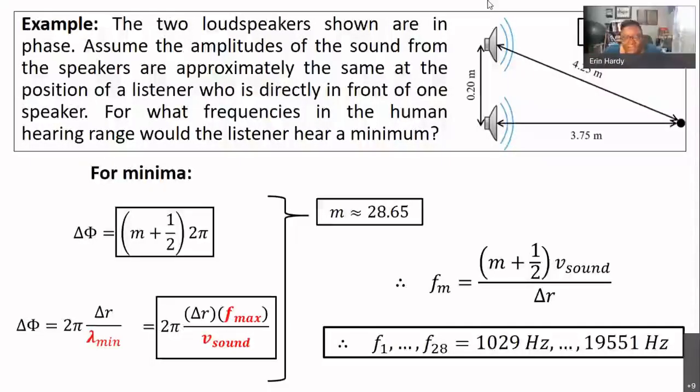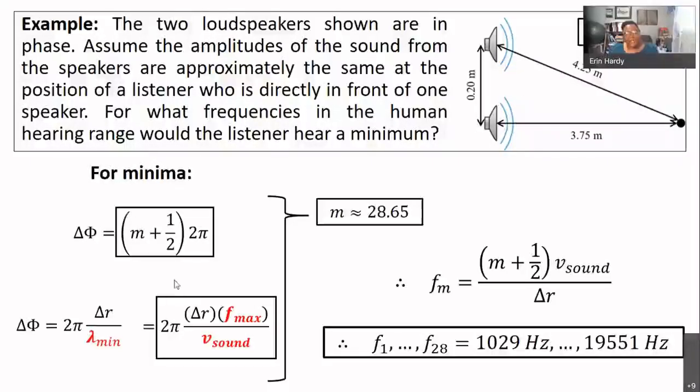So if we've got two loudspeakers producing the same sound, they are 0.2 meters away from one another, and you are the observer over here, 4.25 meters away from one of them, 3 3/4 meters away from the other. Your path length difference here would just be 4.25 minus 3.75, so a half meter.